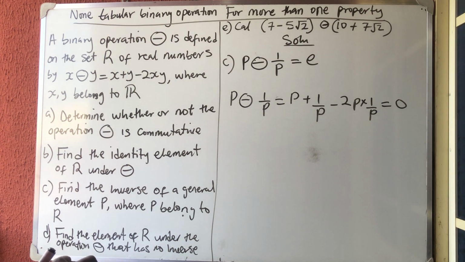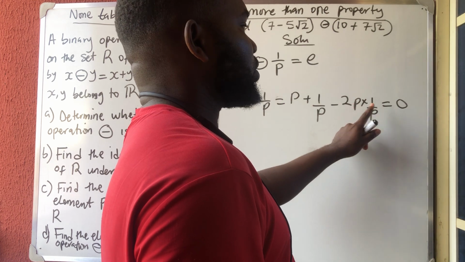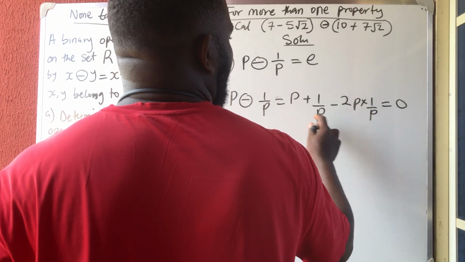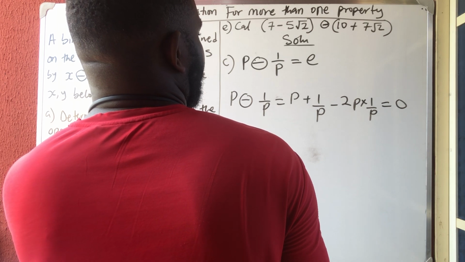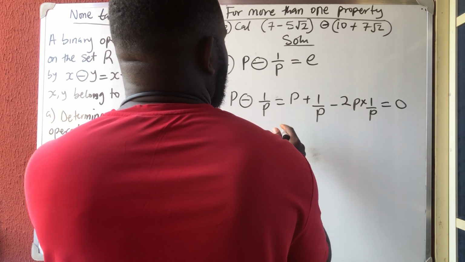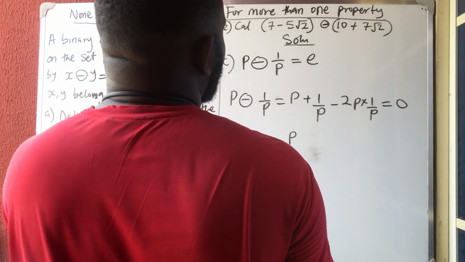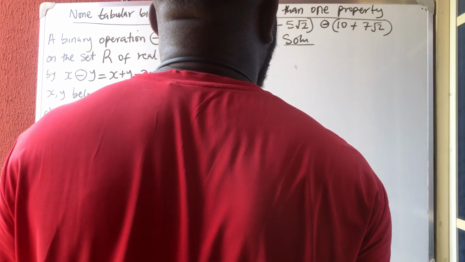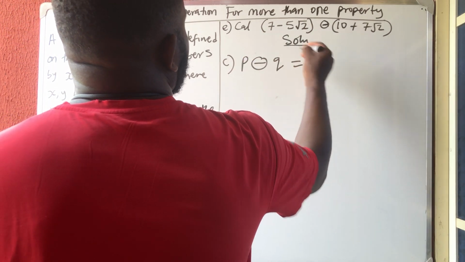So what do we have now? Remember that what we are looking for is 1 over P, and you cannot say that this will cancel this. They don't cancel like that. Just know that this is a different operation on itself. So we are looking for the inverse. In fact, using 1 over P will make you confused, so let me use Q. Then P operates on Q, and I'm going to get the identity element.